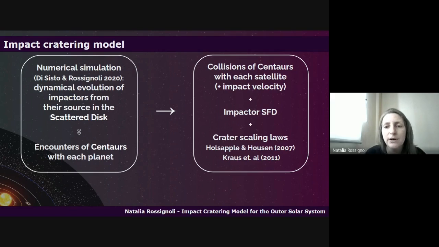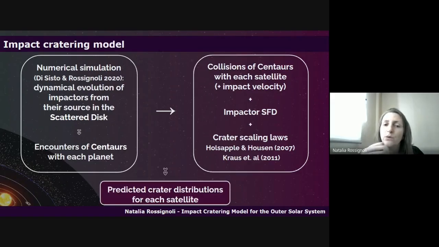And these are calibrated in laboratories and experiments, and we use the ones published by Holsapple and Housen for icy satellites from 2007, and the modifications for what is called a complex crater, which is a crater that is large enough to collapse, and these were presented in Kraus and collaborators' work from 2011. So with all this, we can obtain our predicted crater distributions for each satellite.